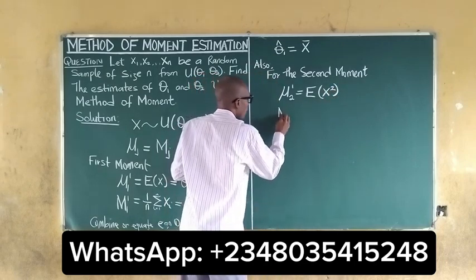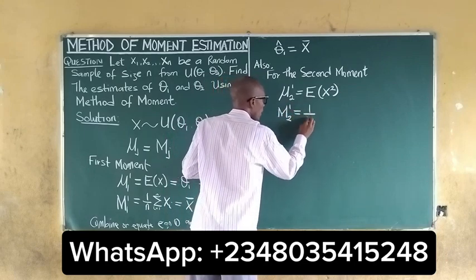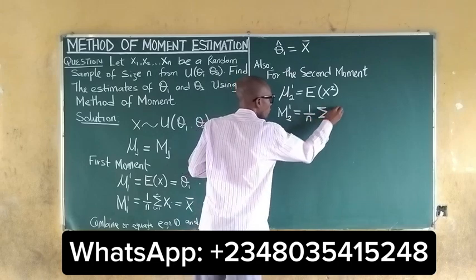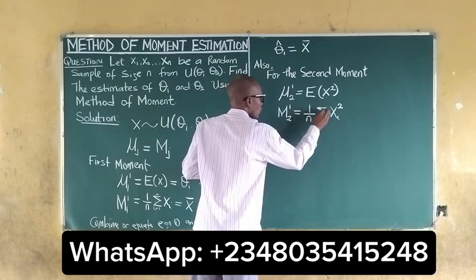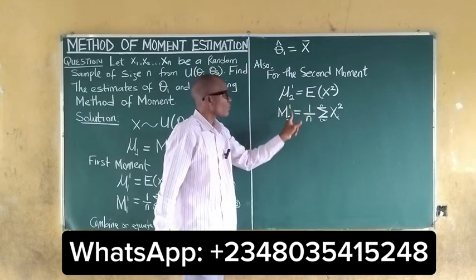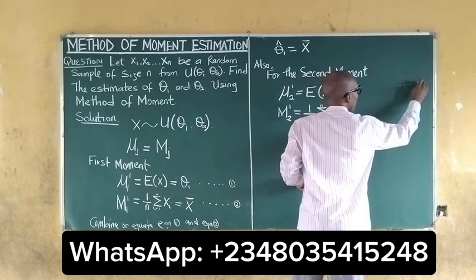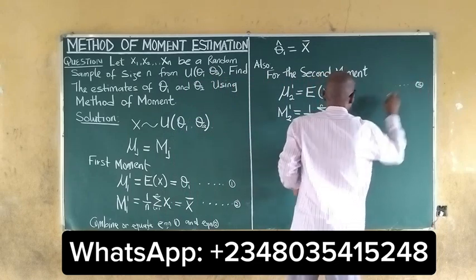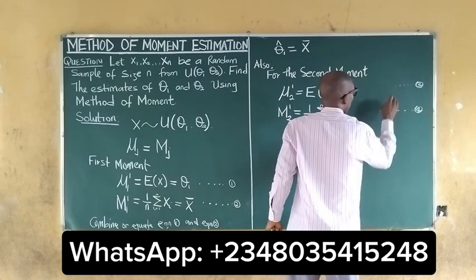We also have our sample mean to be equal to 1 over n summation of xi raised to the power of 2, i running from 1 to n. So this is our sample mean, while this is our population mean. We can say let this be our equation 3 and this our equation 4.